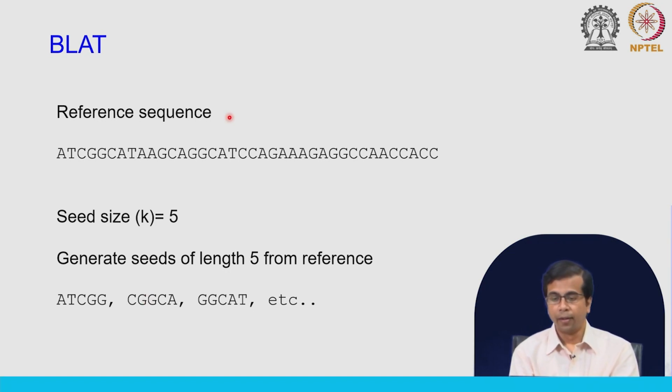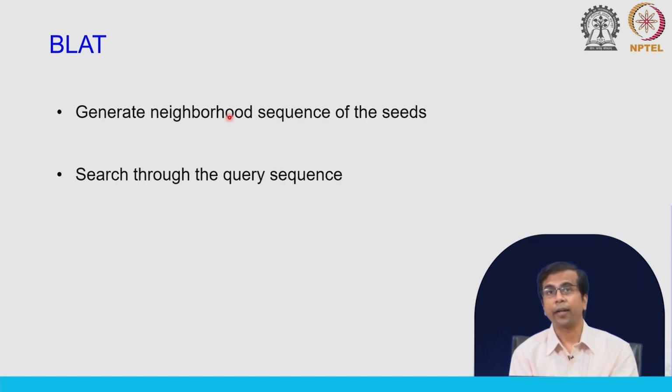Now, once you have found this, you can also generate neighborhood sequences of the seeds, considering all the variations, and then you can search through the query sequence. It's the reverse compared to what we have discussed before, BLAST. So, the whole process is reversed.